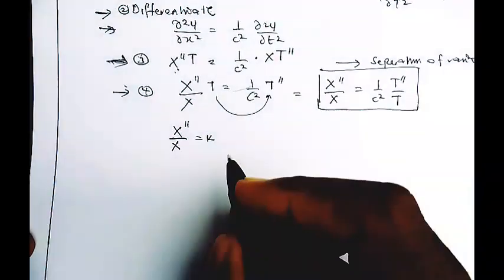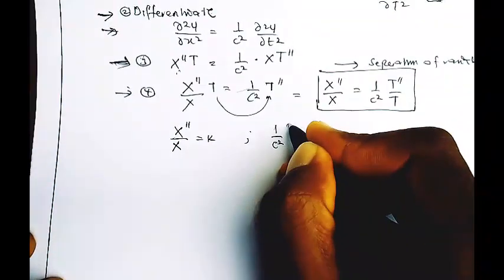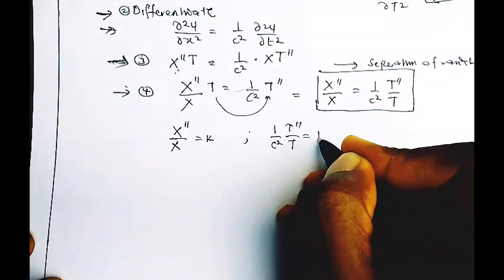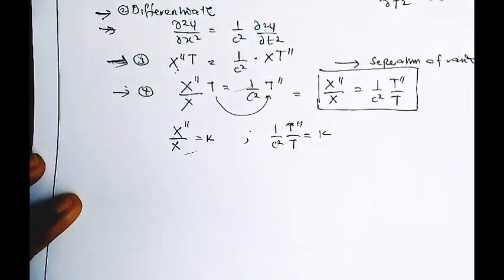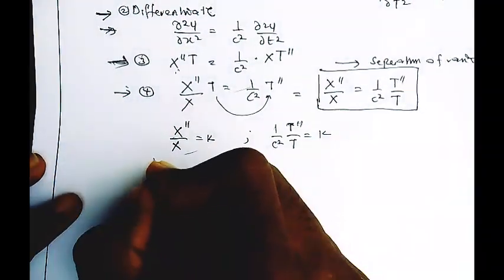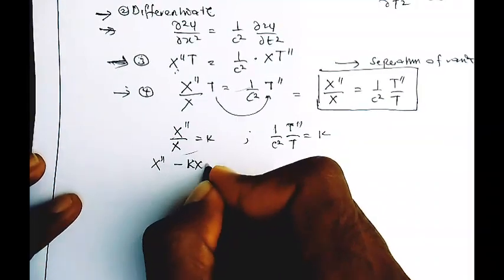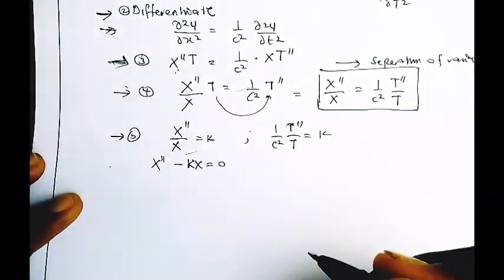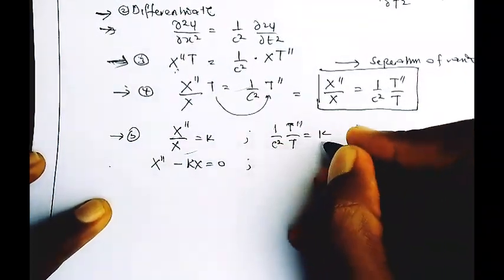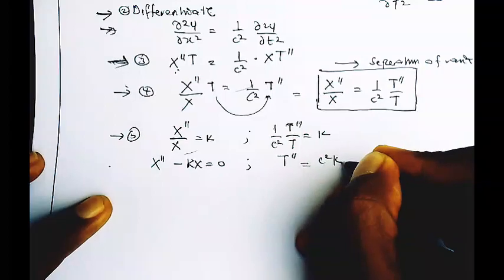I also do the same for my right hand side, 1 over c squared T prime prime over T, and I equate it to k. So now let's turn it into an equation. This is X prime prime minus kX equals 0. This is my 5th step. Then do the same thing here. So this is T prime prime equals c square k.